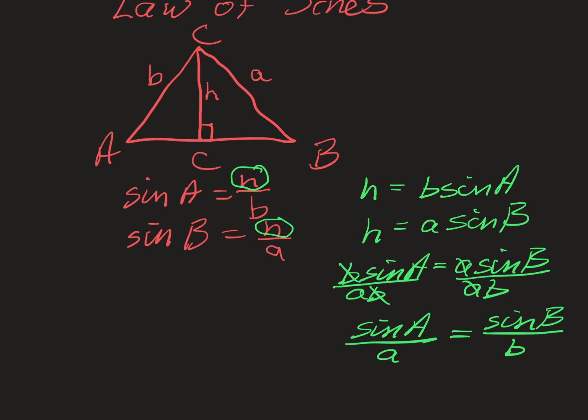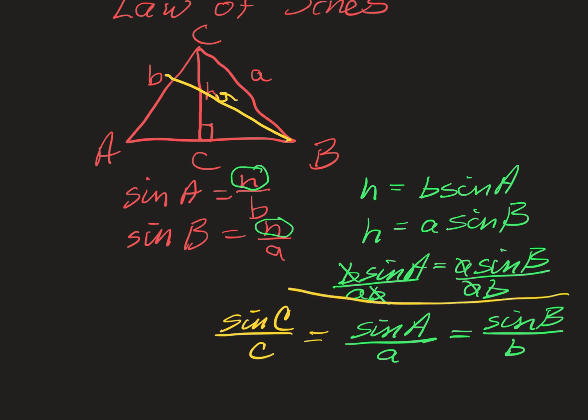Now, if you decide that you want to draw some other altitudes and do this again, then you're going to find the other ratio, sine C over c, is equal to one of these. And I'm not going to do that one, it works just like this one.